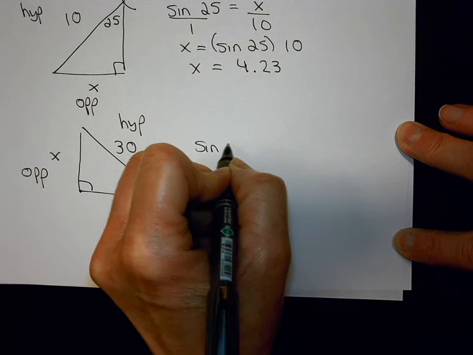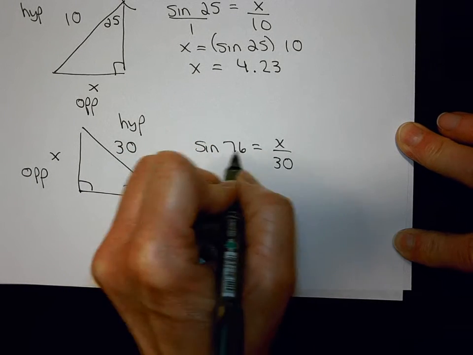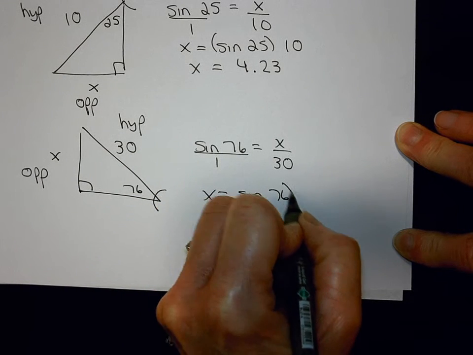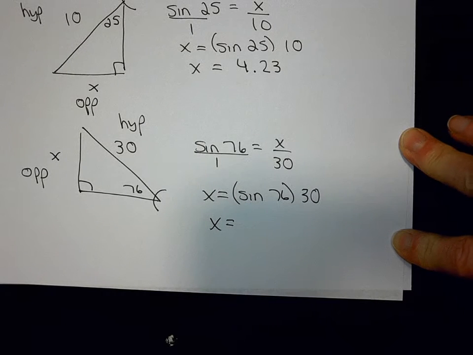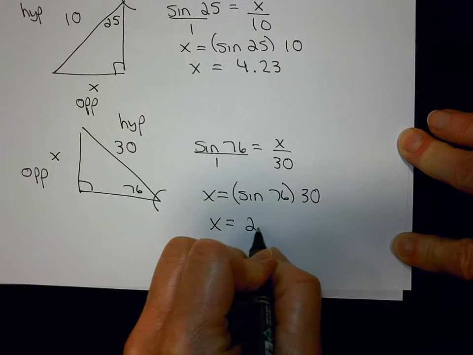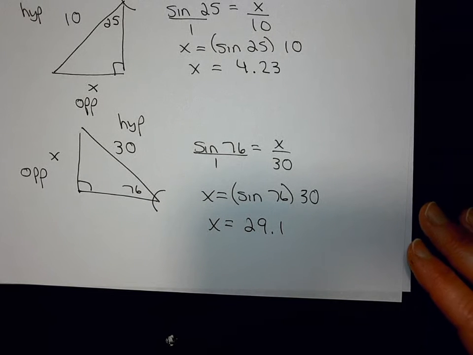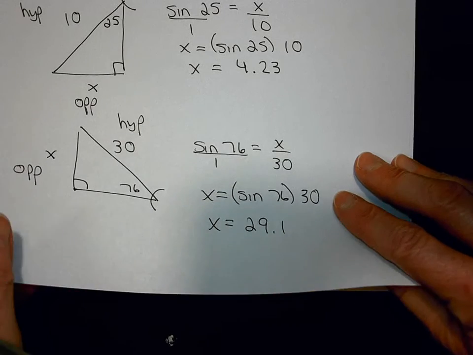So sine of 76, opposite over 30, cross multiply, x is going to be sine of 76 times 30, and you just do that on your calculator. So x is going to be 29.1. So again, these are very close to what you did with tangent. You're just using opposite and hypotenuse instead.